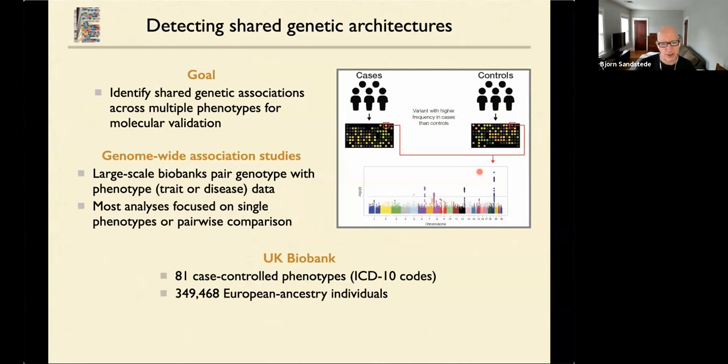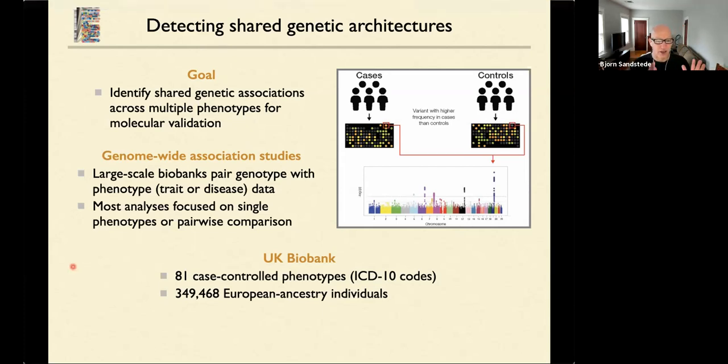We looked at 81 case-controlled phenotypes, different diseases. And what we wanted to see is, can we identify genes that are common among different groups of diseases? The way that we did this is we used genome-wide association studies, and specifically the UK Biobank. What they basically have is two pieces of information.